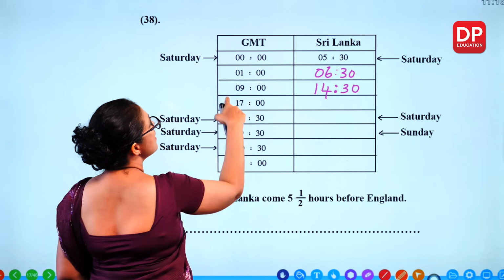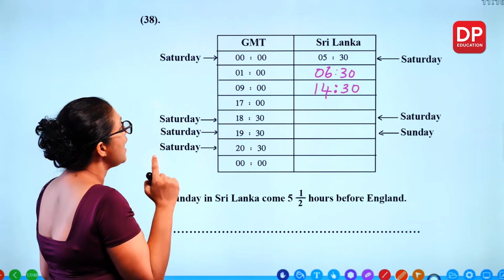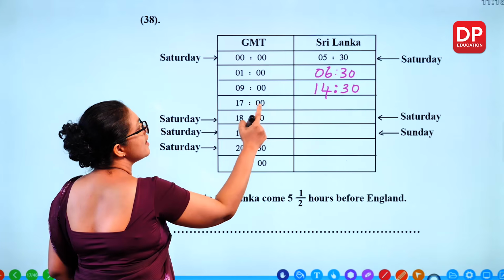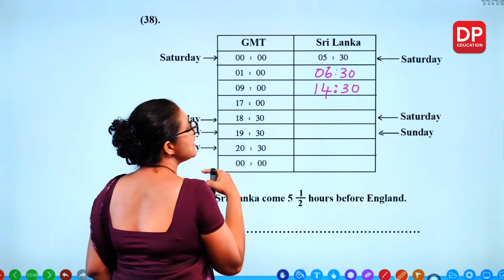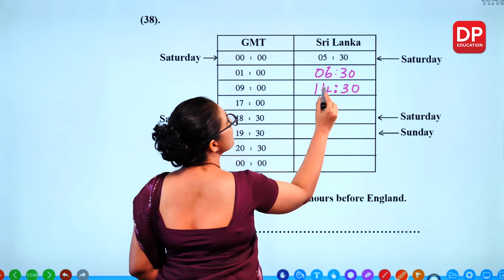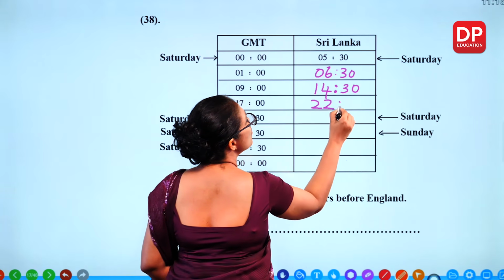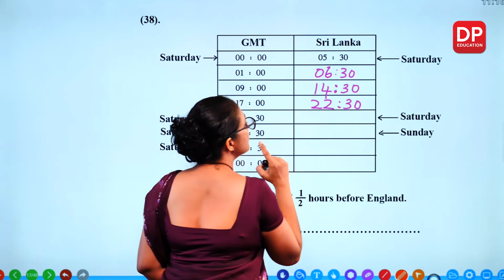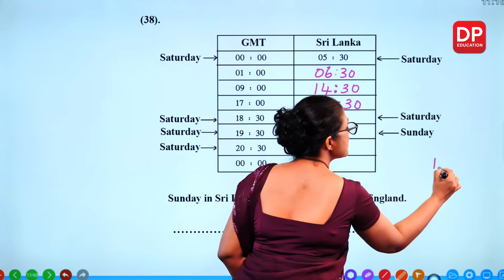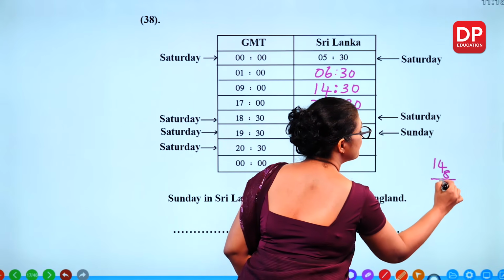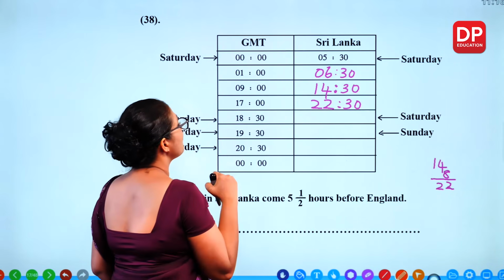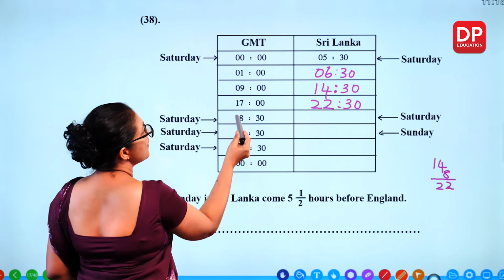This is 17. 17 means you have to add 8. 8 plus 14, 22, and this is 30 there. Now compare these two.